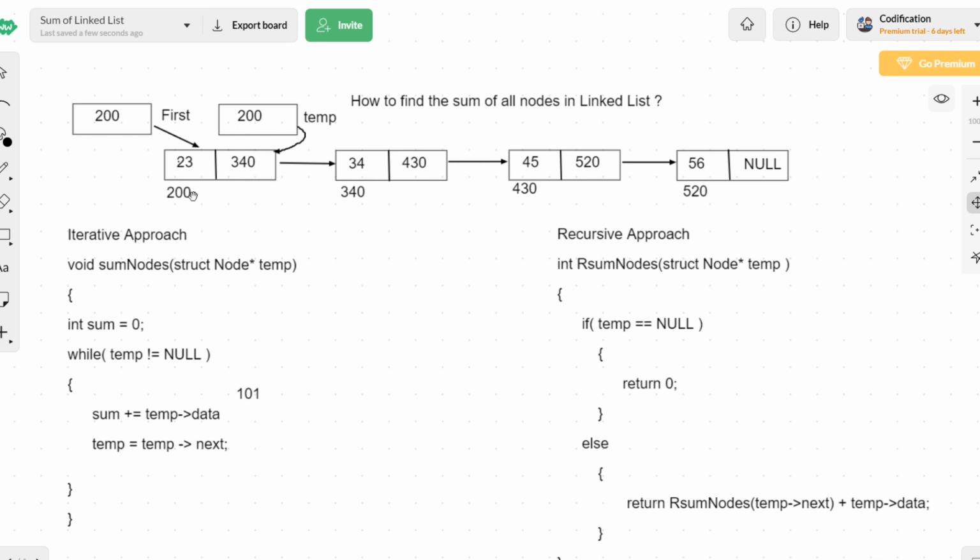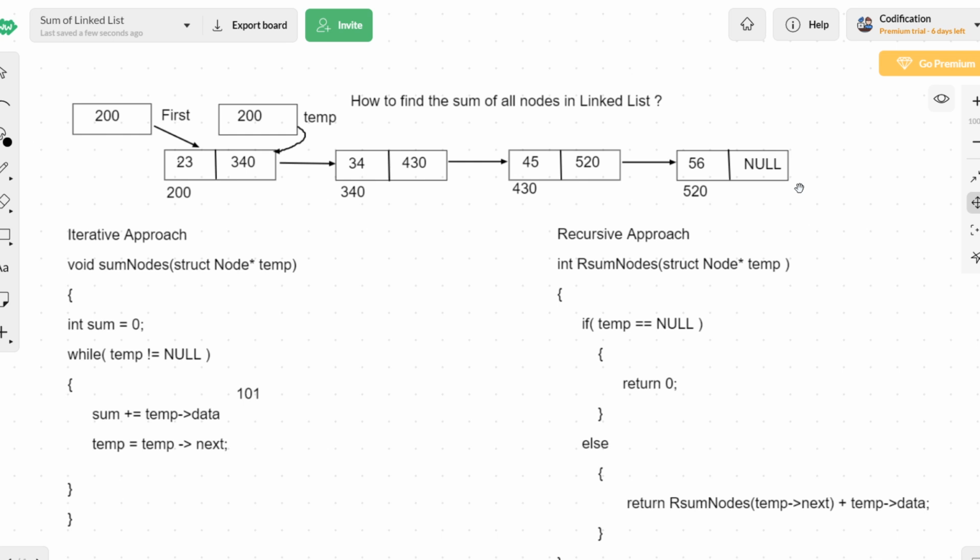For the very first node, yes, that condition will be executed. For the second node, yes, the condition will be evaluated. For the third node, the same condition will be evaluated. For the fourth node also it will be evaluated, and finally when temp reaches null it is also evaluated, but it evaluates to false. So four times it evaluated to true and one time to false.